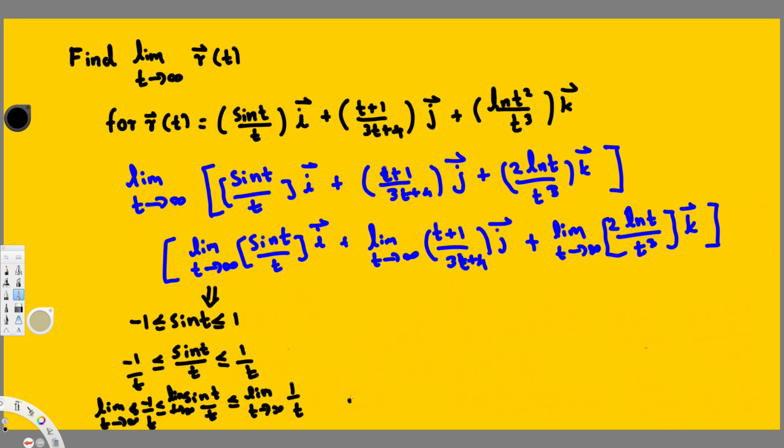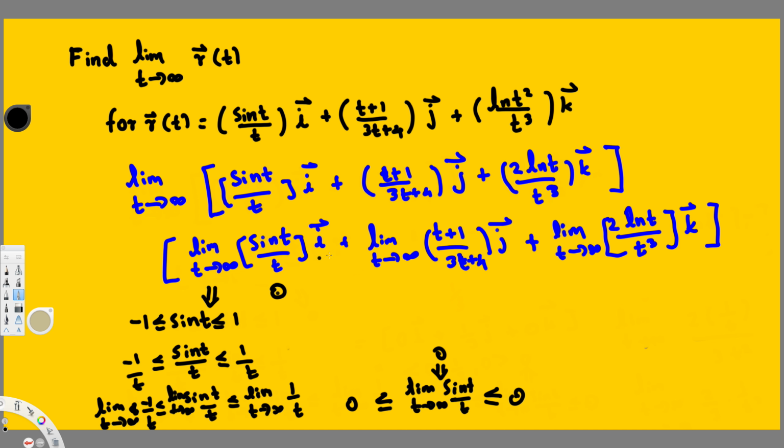Therefore, the limit of sine t over t is between 0 and 0. So if this is between 0 and 0, this one also must be 0, right? So we have solved the first one.